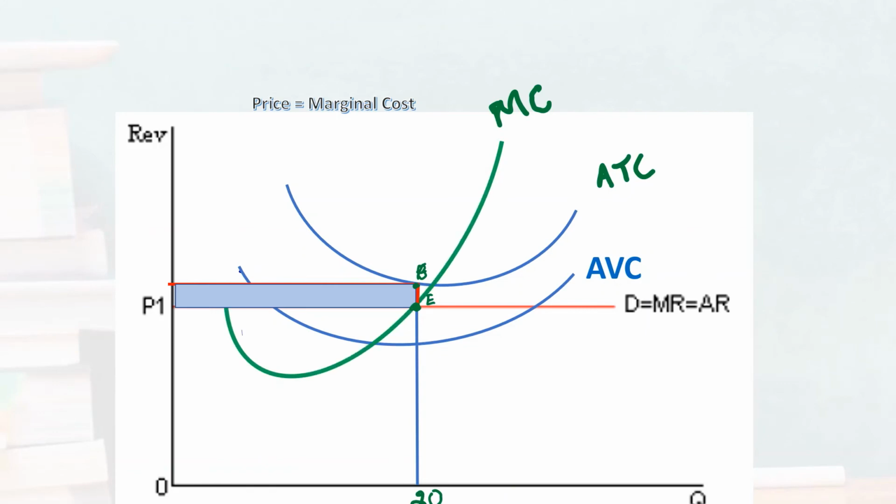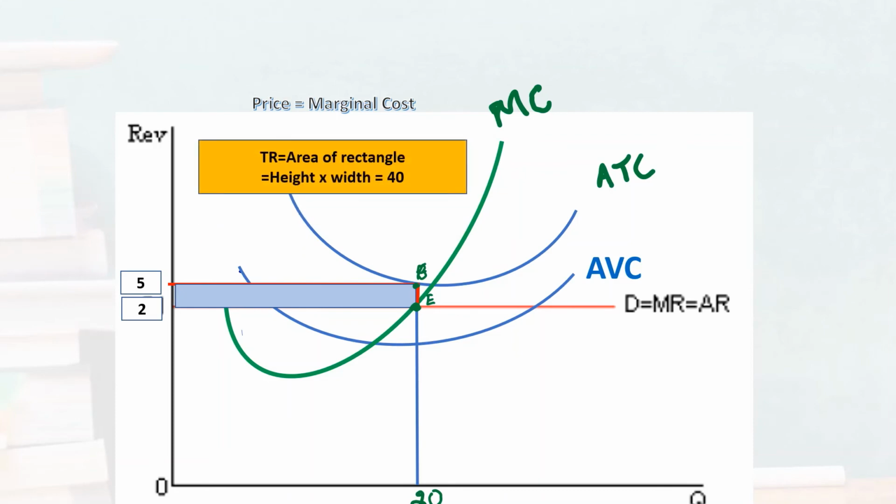The output level here is 20, while the price is given, which is set at a level of $2, and then the average cost is equal to 5. So what we have to do is first determine the total revenue, which is the area of this rectangle that starts from 2, 20 and 0.